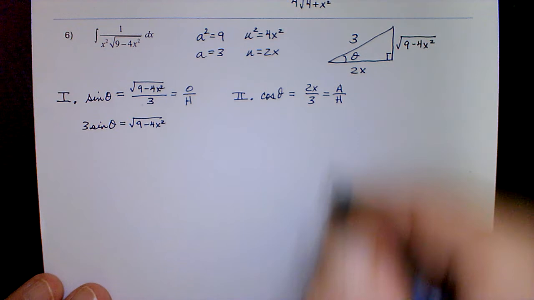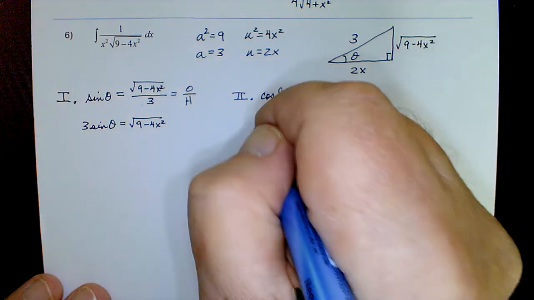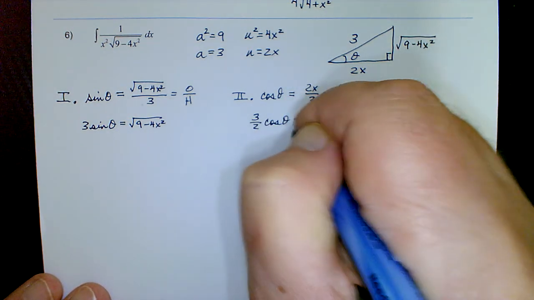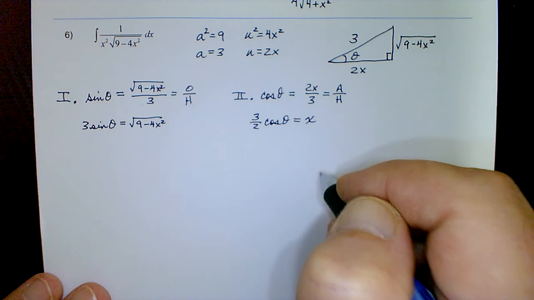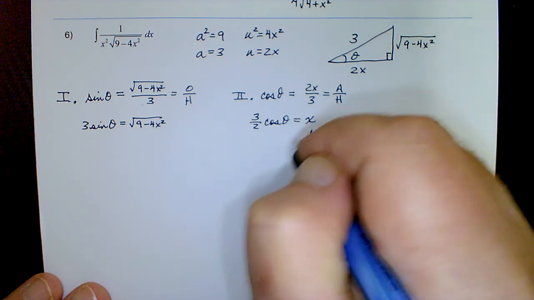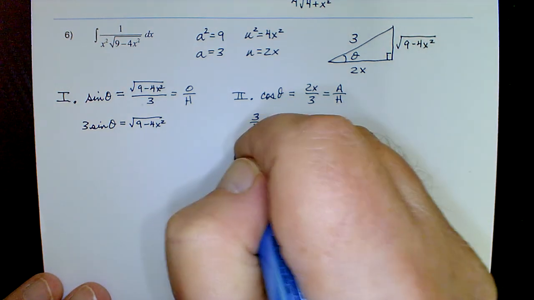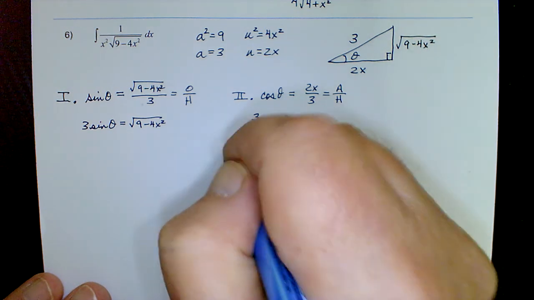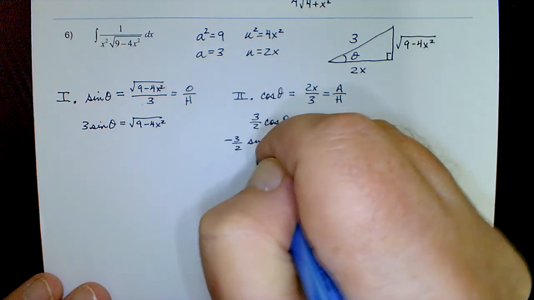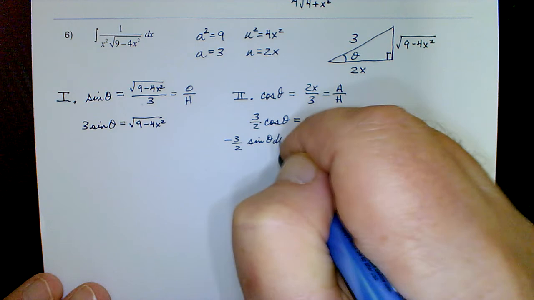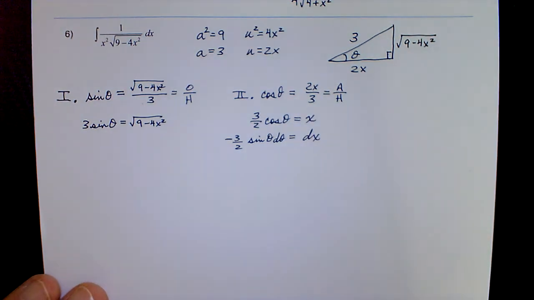Okay, solve for x, so multiply by 3 halves most efficiently. So 3 halves cosine theta is x, and then most importantly, differential dx. So that's 3 halves times minus, this is the derivative of cosine, minus sine, so minus 3 halves sine theta, and formally the d theta as well.